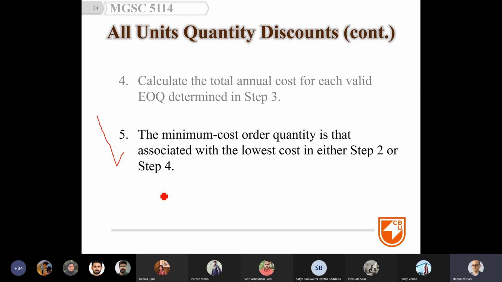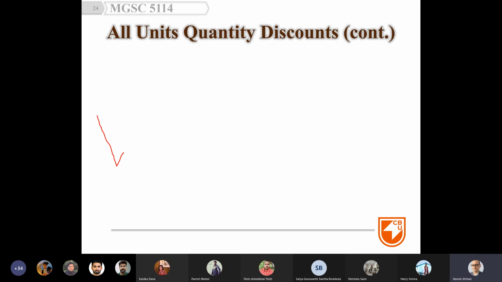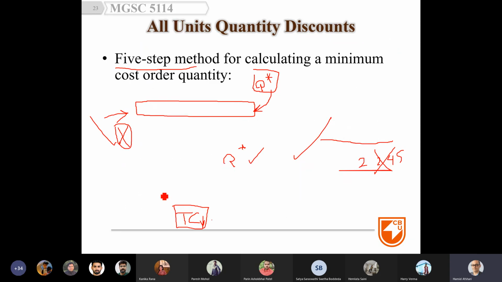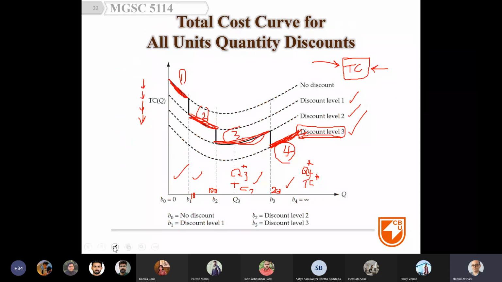So in other words, if you calculated everything and notice that the minimum cost is in this range, you will decide the price in this range. If you notice that the total cost that minimizes the total system is here, although it is not valid, you will select it. If you notice that it's in this range, then you will decide this range.